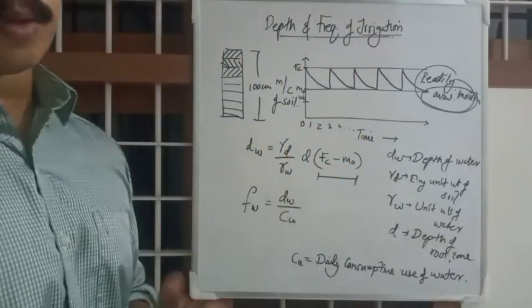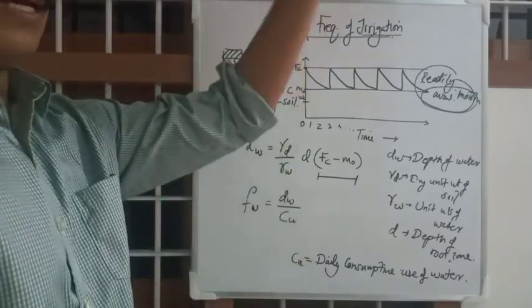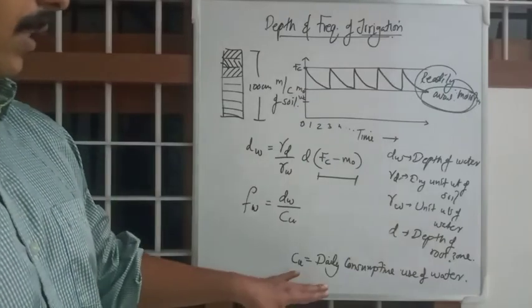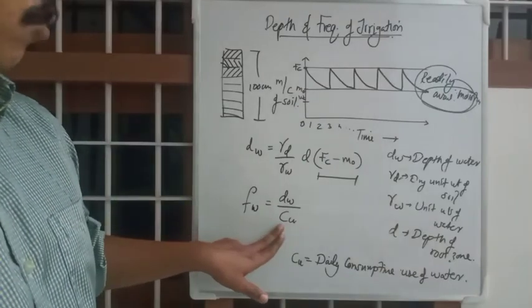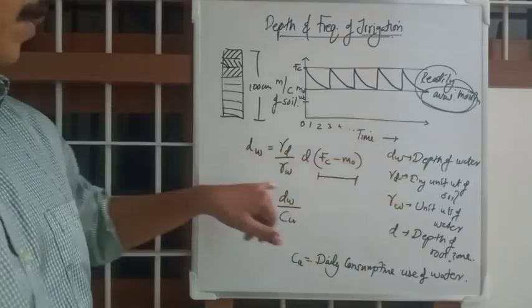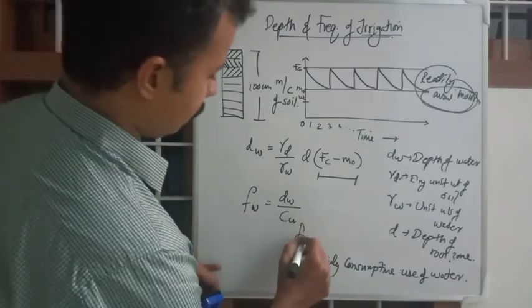It will be different for different crops. For sugarcane it will be much higher, for a mango tree it will be much lower. Cu is the daily consumptive use of water, dW is what we got, the depth of water, and FW is the frequency of watering.